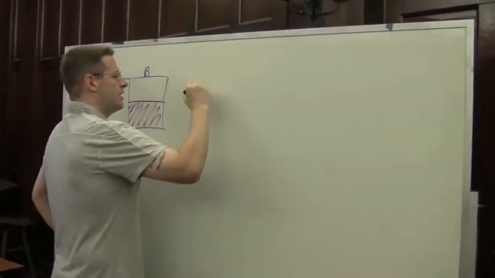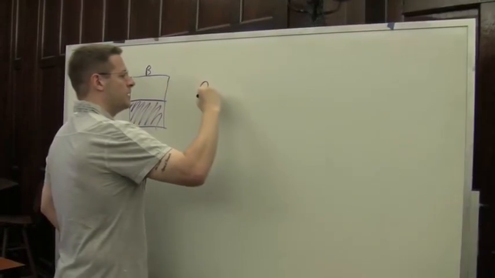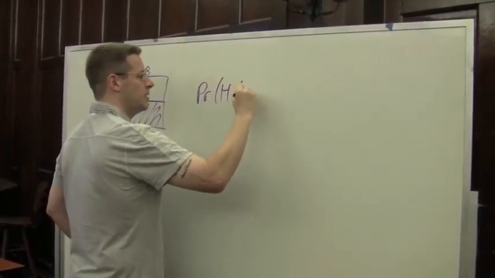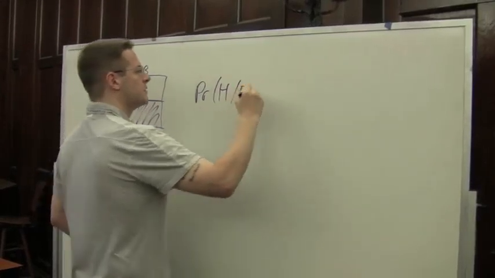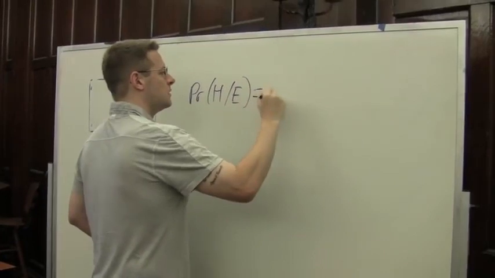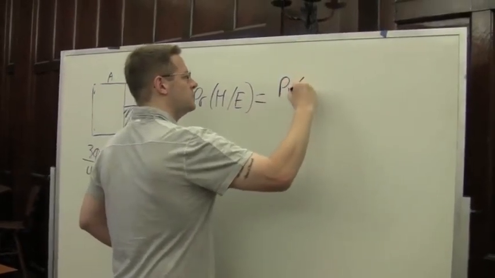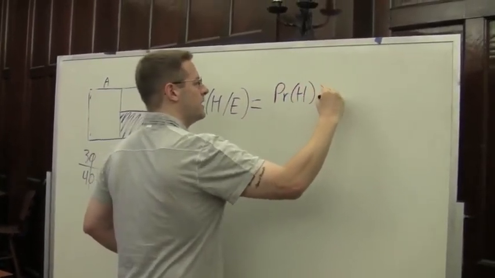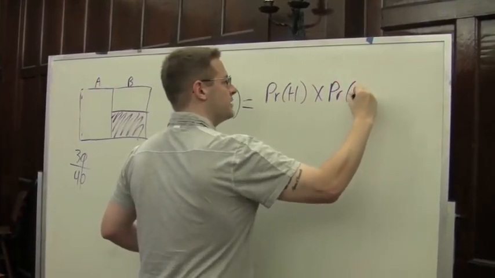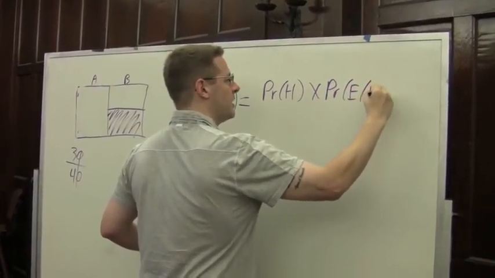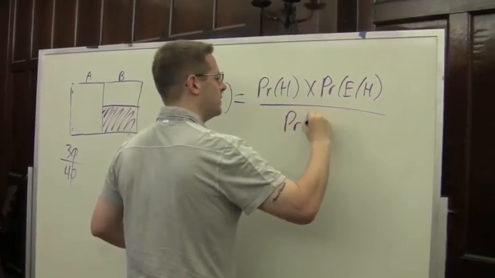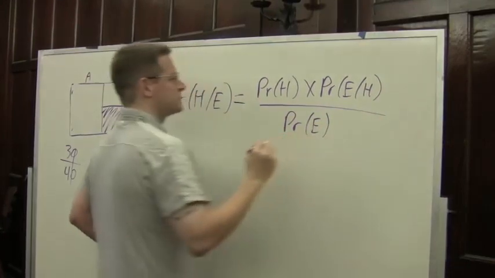But a general form of Bayes' theorem will be the probability of some hypothesis given some evidence that you have come upon is going to equal the probability that you started with times the probability of that evidence given the hypothesis divided by the probability of the evidence.